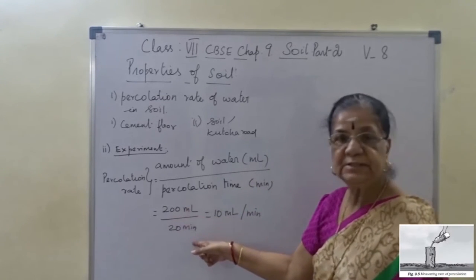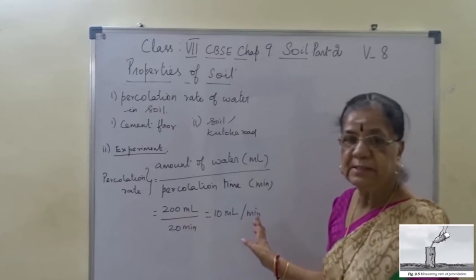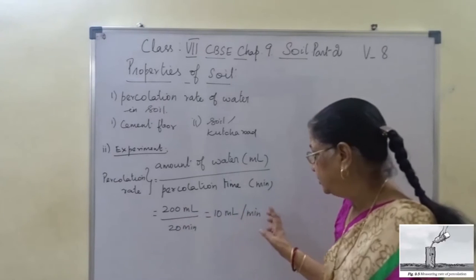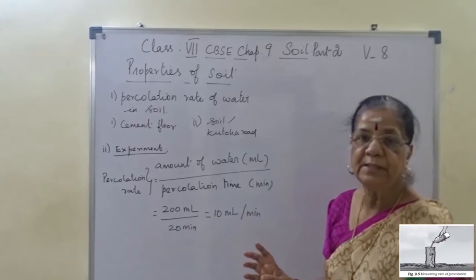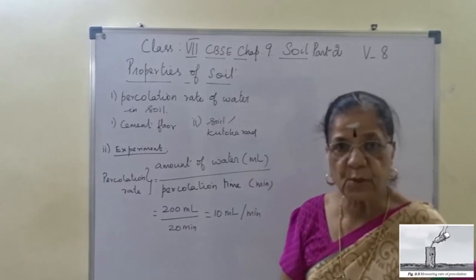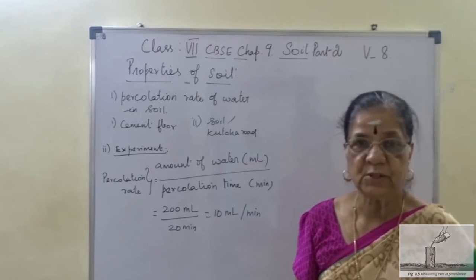We will do this working out and then you will write the answer separately. Percolation rate of water in the soil is equal to 10 ml per minute. I hope you understand. So this is the first property of soil, percolation rate of soil.